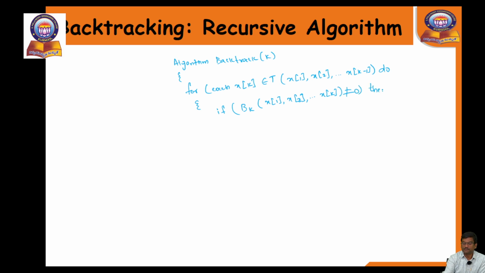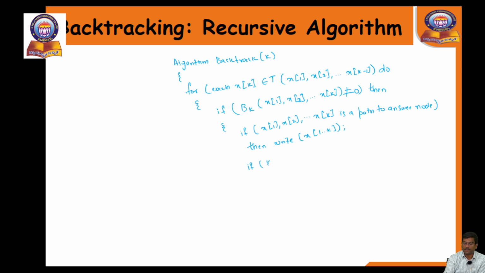then check whether x of 1, x of 2, etc. till x of k is a path to the answer node. Then write the items that you have taken into the solution.